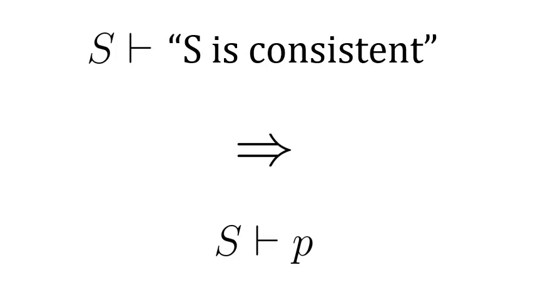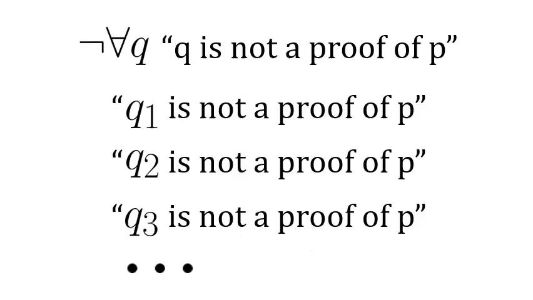Okay, let's just go back to case number 2, in which we just prove that there is a proof of P, but we cannot actually write down the proof. This system can be consistent, but it cannot be omega consistent. The reason is that there's a property, not being a proof of P, that you can prove for every single possible proof.